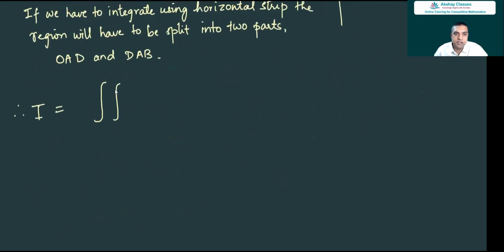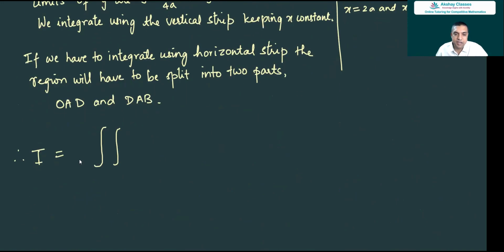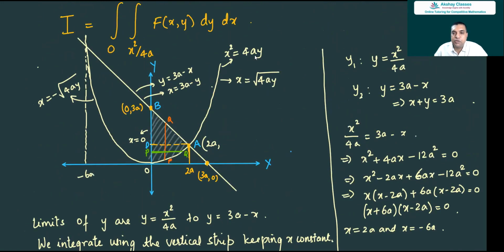The first region, OAD, x varies from 0 to x equal to root 4ay.